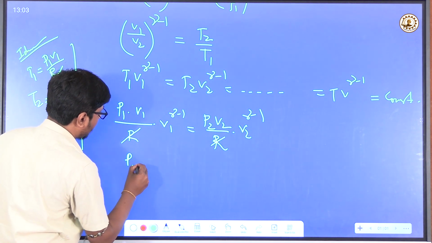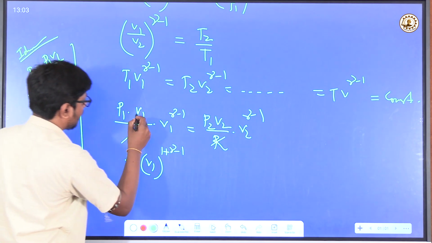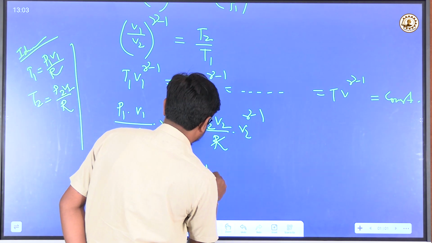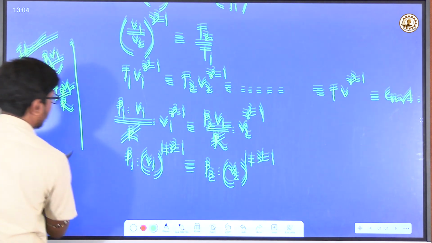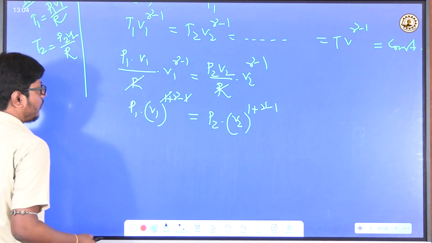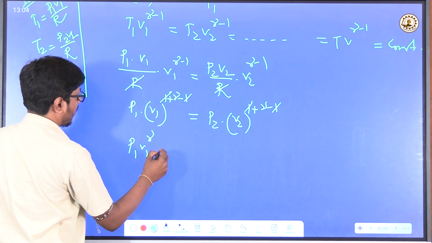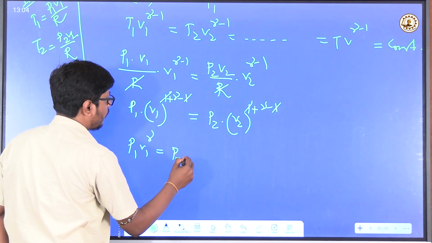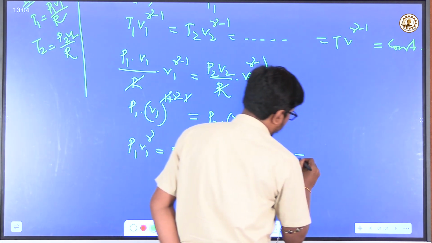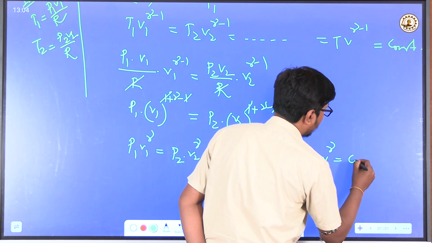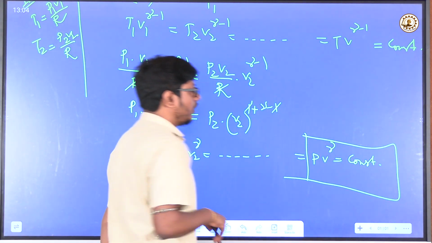Now p1 into v1 to the power 1 plus gamma minus 1, and the same for v2. The 1 and 1 cancel out, so p1 v1 to the power gamma equals p2 v2 to the power gamma. So we can write pv to the power gamma equal to constant. This is the most important equation: pv to the power gamma equal to constant.